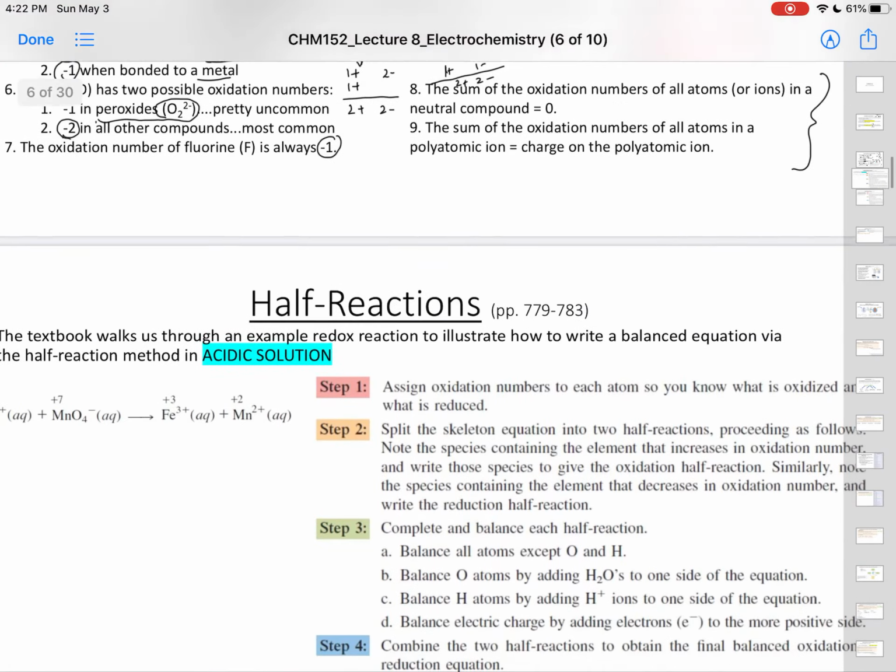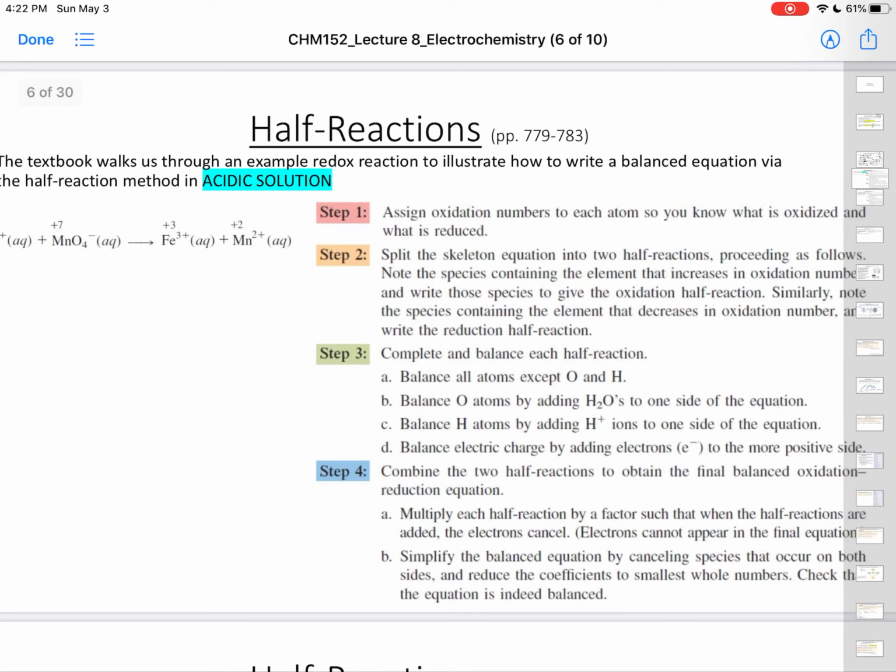All right, so let's look at the first example and how we're going to apply all of these rules to balance an equation. Remember, we're trying to balance the equation, and it is in acidic solution, so you should end up with H plus to balance out the hydrogen count.